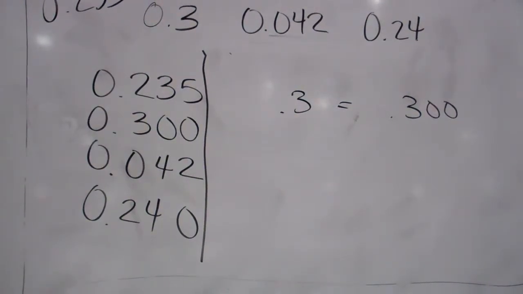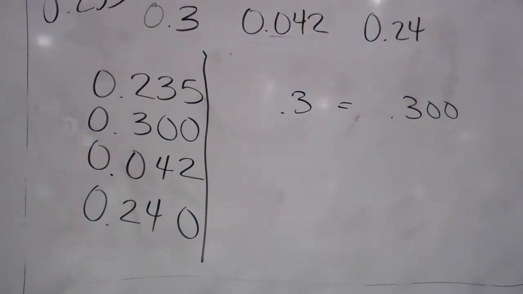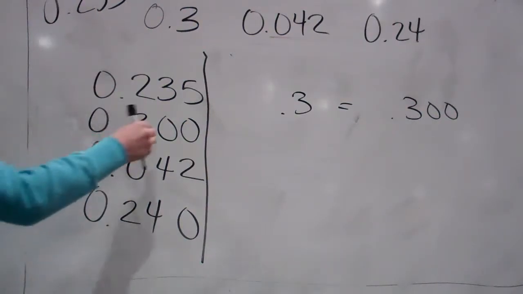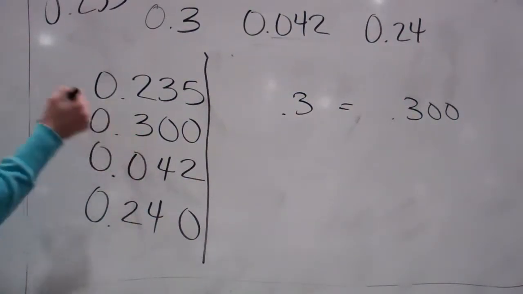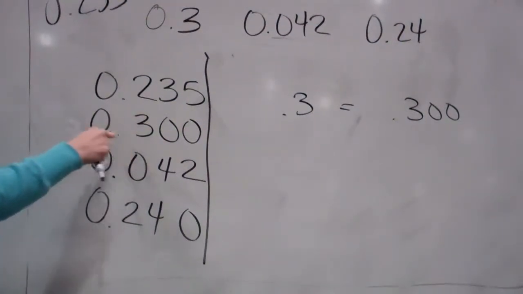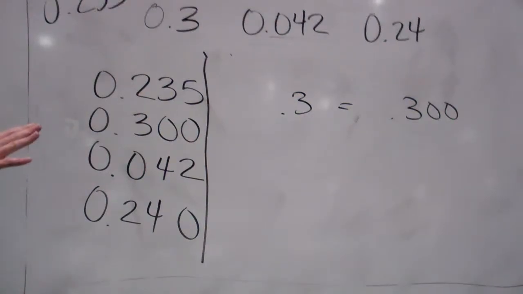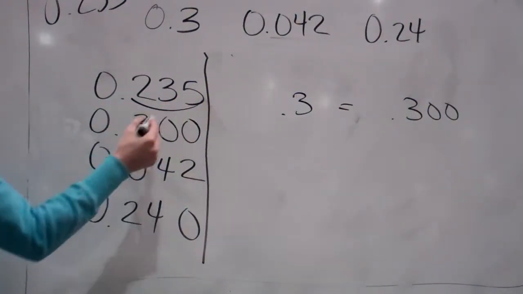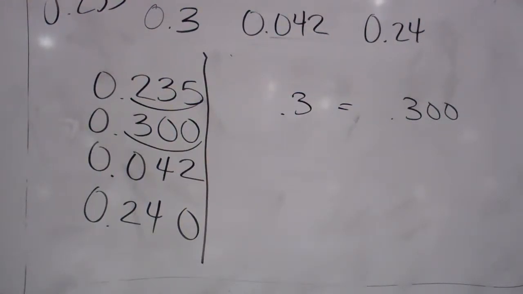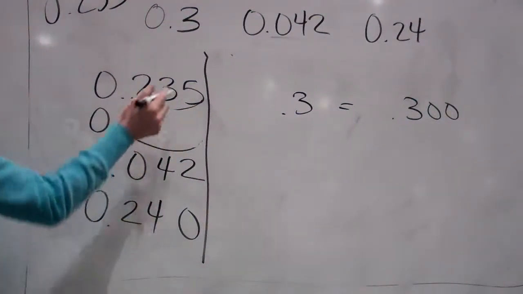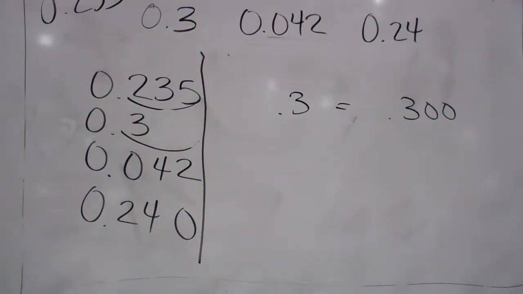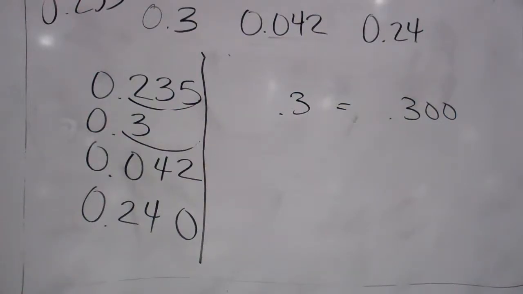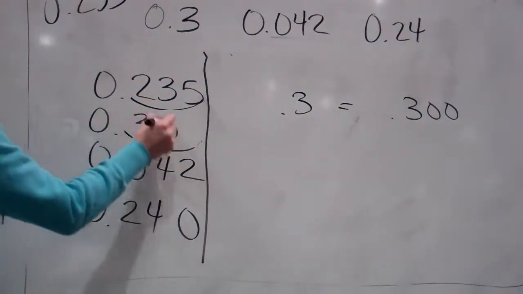Yes, they have value. I think I understand what you're asking. You're saying because they don't matter, why are we putting them there? Basically so I can easily look at 235 and look at 300 and clearly see which one is bigger. But if I didn't have my zeros there, can you easily see which one's bigger? You can? You don't have to do it that way. Some people have trouble seeing that, so just put them in there if it helps you.